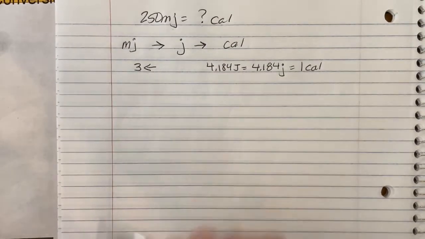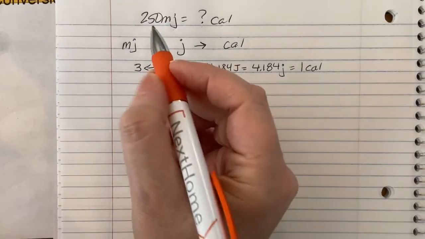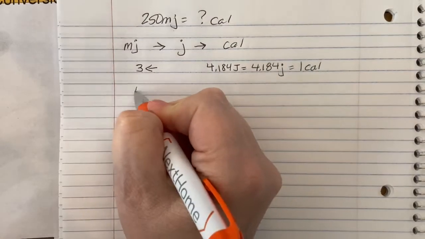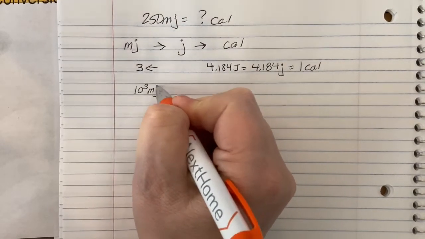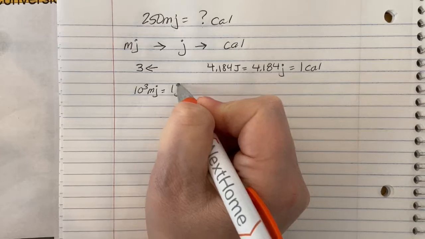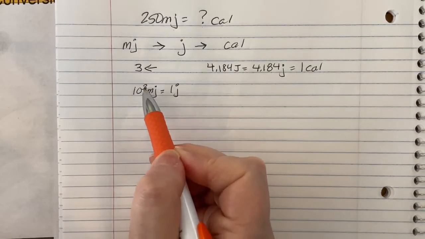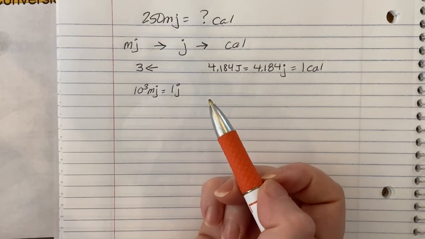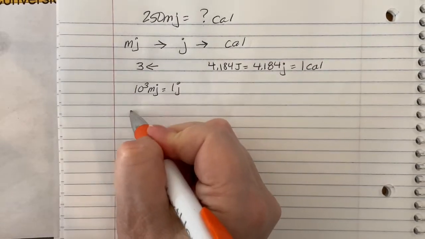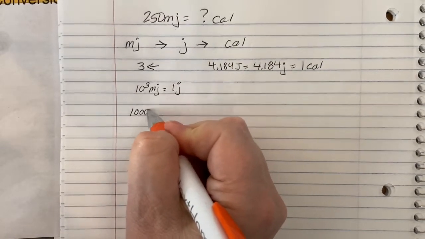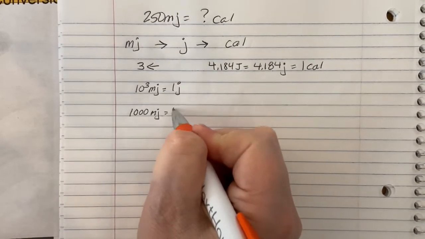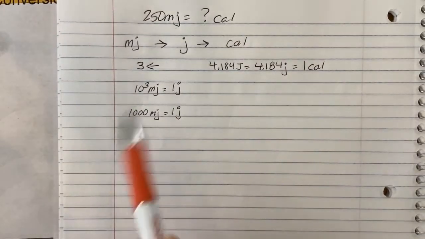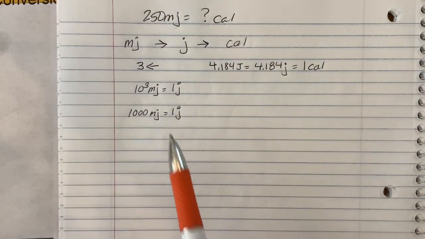So I'm going to say that 3 means either 10 to the 3 millijoules equals 1 joule. We took 3 steps to go from milli to joule. Or we use 3 zeros: 1, 2, 3 millijoules is equal to 1 joule. Okay, there are 1,000 millijoules in 1 joule.